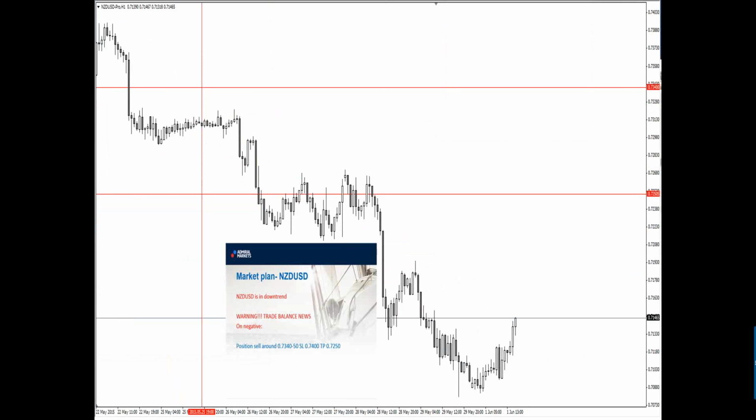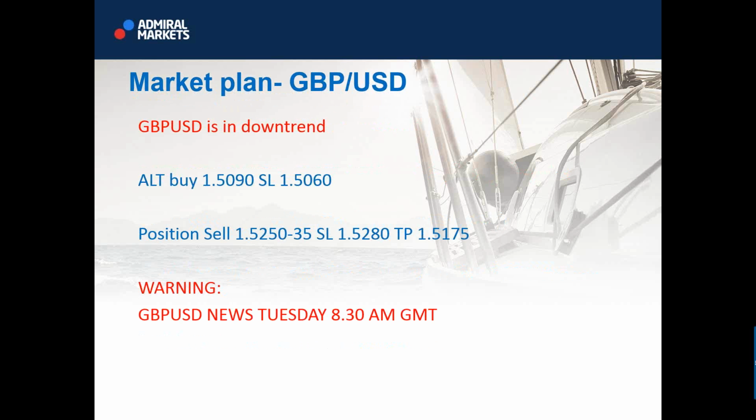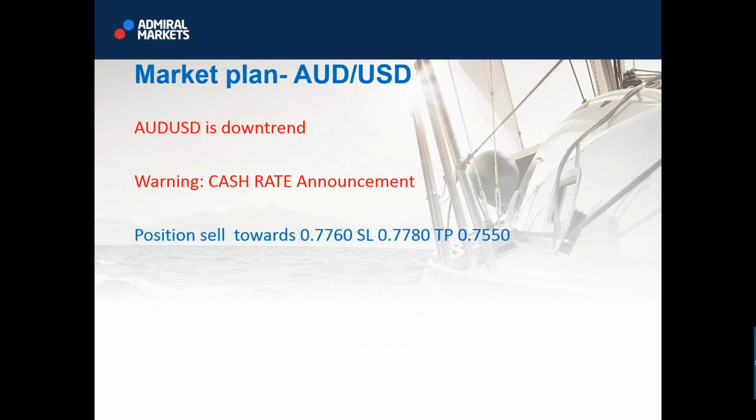Construction PMI always has a good volatile movement. Australian dollar, again, guys, cash rate announcement. If there is no change in the cash rate, we could see a spike on the Australian dollar. As I say, this week is volatile, so we can do nothing about it.